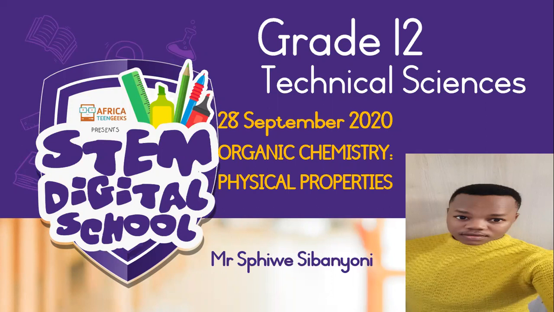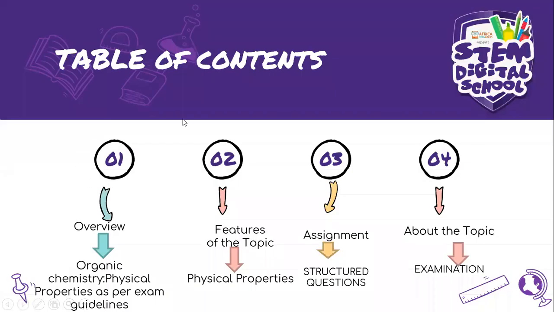So we go straight into the structure of the lesson for today. It will be an overview, and that is where we are going to look at physical properties as per the examination guidelines. Remember, everything that we learn, we make sure that we tick the boxes in the examination guidelines to say, yes, we have done this one, yes, we have done this one, and those that you haven't done, you don't tick them.